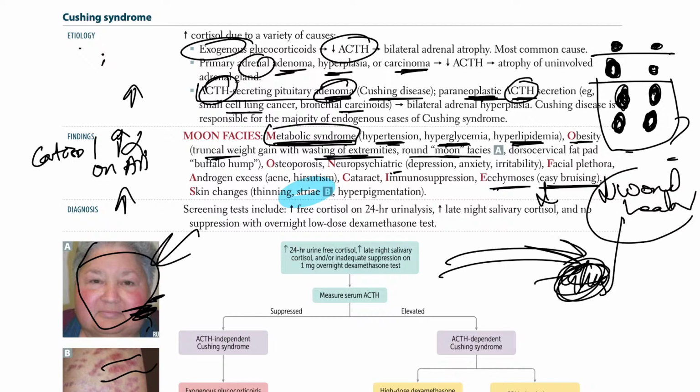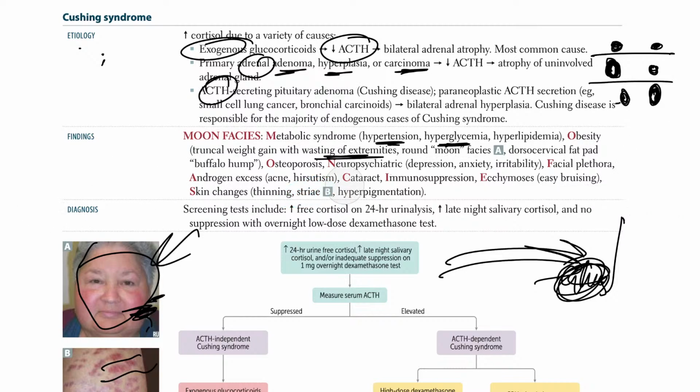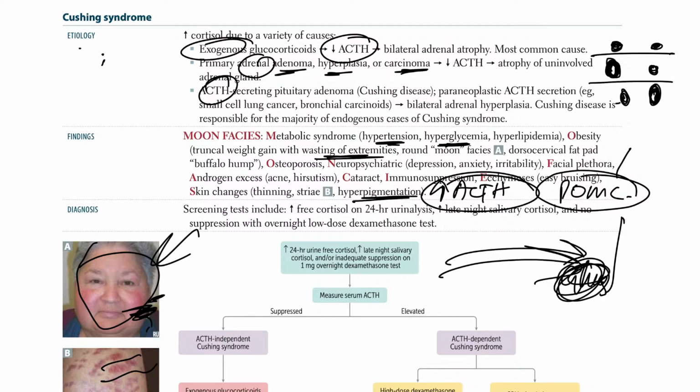Okay, one last thing here. Now with hyperpigmentation, you know that you get hyperpigmentation whenever you have an increased level of ACTH. ACTH comes from POMC. That POMC, if you recall, is giving off your ACTH.